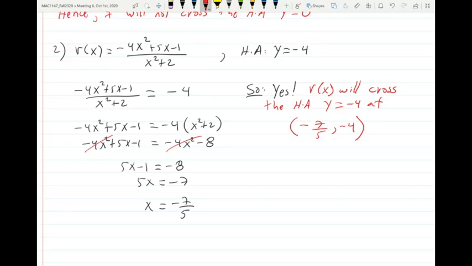Remember that we are crossing the horizontal asymptote, so the y is fixed, it's negative 4. What we didn't know is the x. Yes, we do, negative 7 over 5. So whenever you graph this function, you have to make sure that at this point we are crossing the horizontal asymptote. Okay, questions?